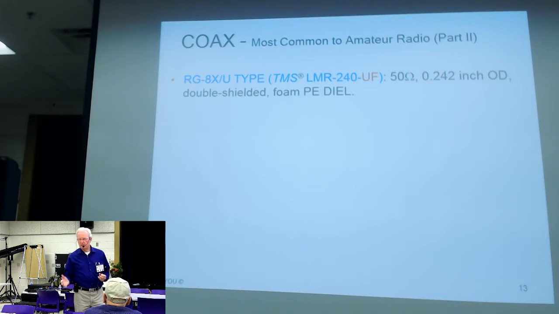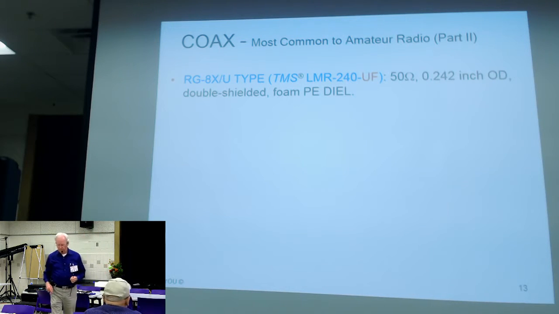It's knockoff. The foam is terrible. The braid is about 85% instead of 96 like you want it. The dielectric is terrible foam. There is a lot of junk out there, guys.